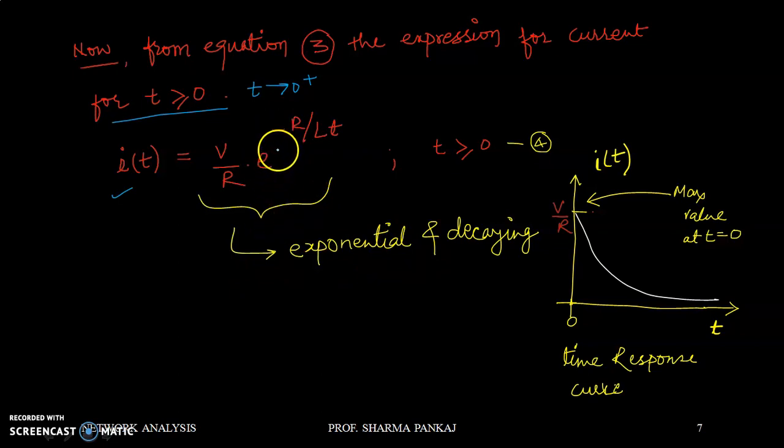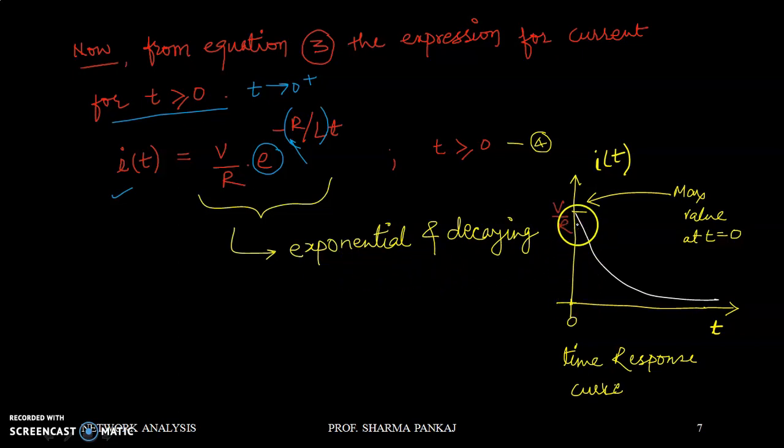Because this e gives the exponential nature of the curve. The power of this exponential term is negative, so if you plot the diagram of this equation, it will be exponential and decaying in nature.